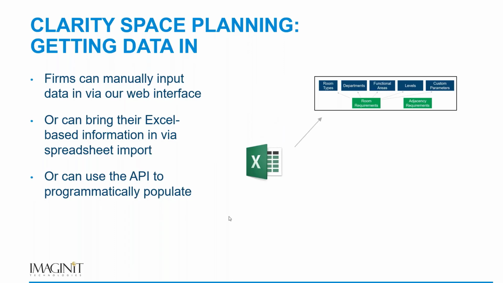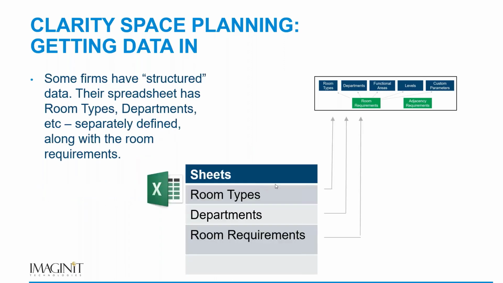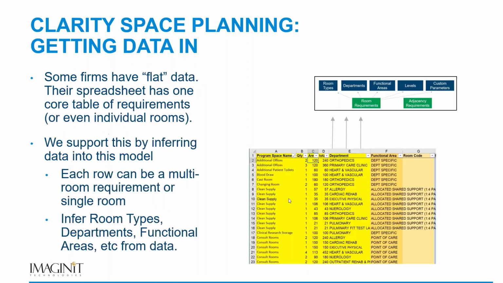And then we also have a pretty fully defined API, so that if you wanted to bulk load things in and you have another application to push things from, or some software developers, you've got that option. We've got options to pull in both structured data for those of you who are into very strictly defined room types versus flat data where everything's just in one spreadsheet. Here it all is, and figure it all out.